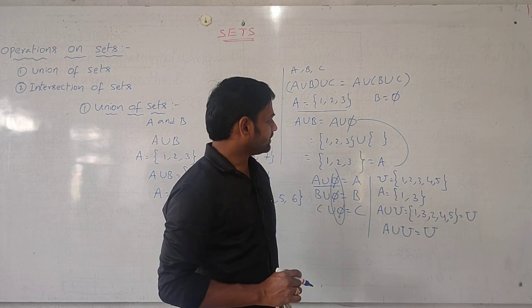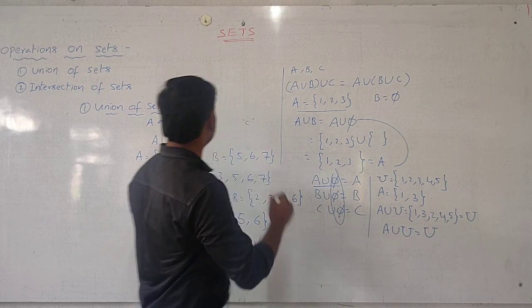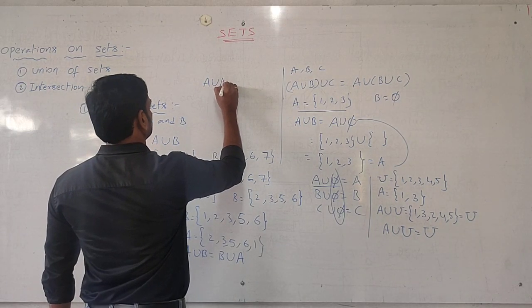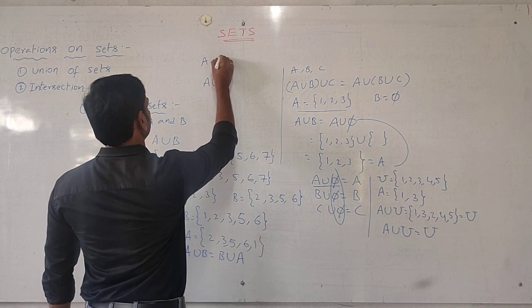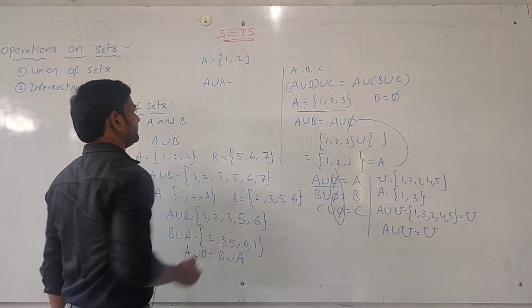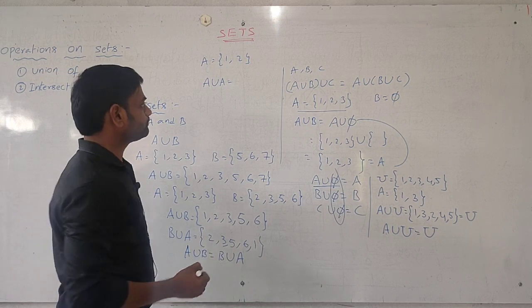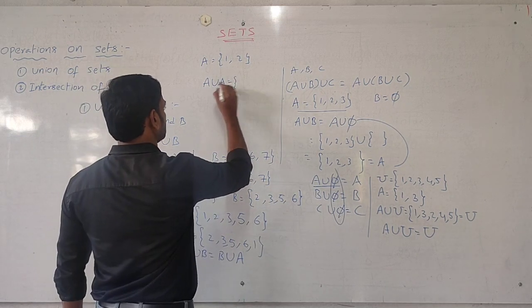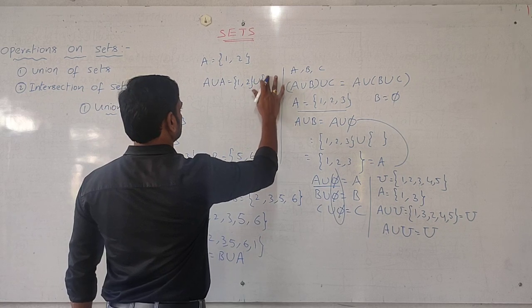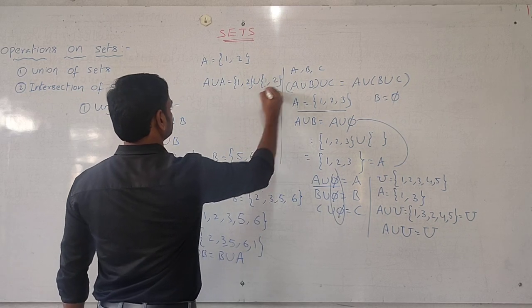Okay. Next, one more. Suppose I take capital A as 1, 2. What is A union A? A is 1, 2, union again A is 1, 2.